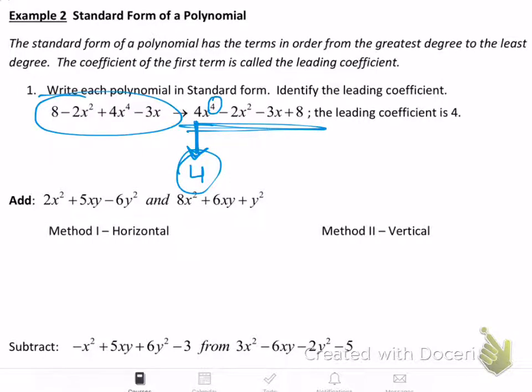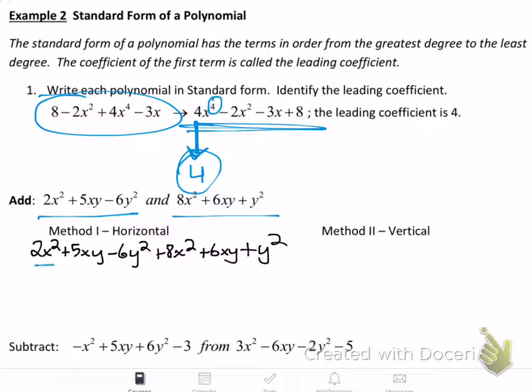If you move down a little bit, now we're just going to add. We have two trinomials, and we're going to add these two. The first method is adding horizontally. I'm going to underline all my x squares, circle all of my xy's, and box all of my y squares.